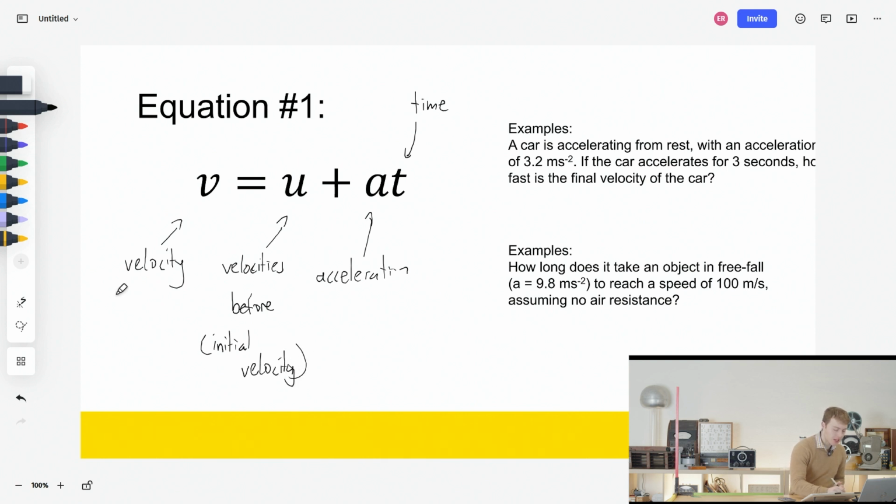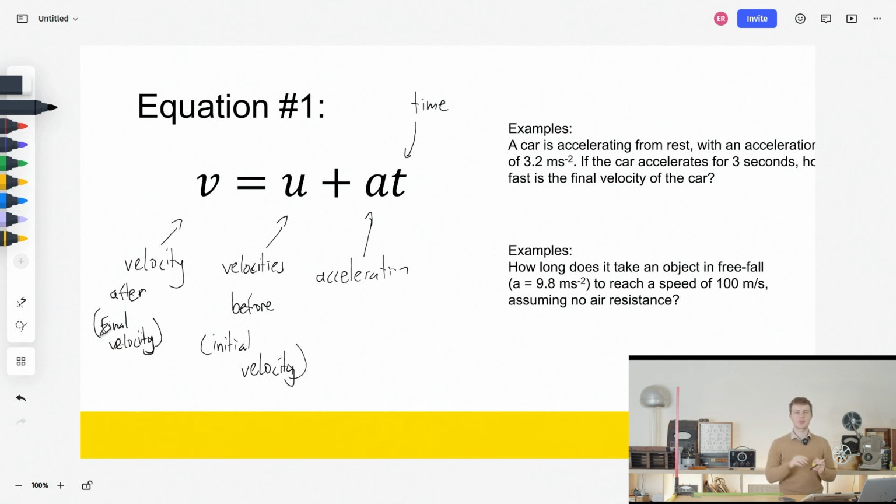And there's the velocity after things happen, which we'll call the final velocity. Man, it really hates my handwriting today, eh? The final velocity.